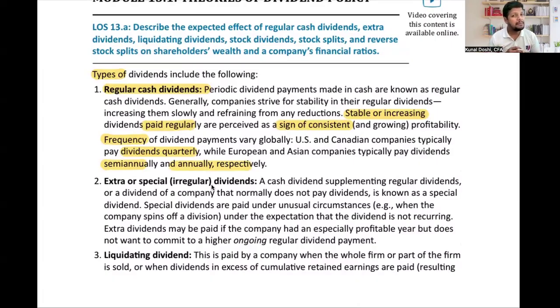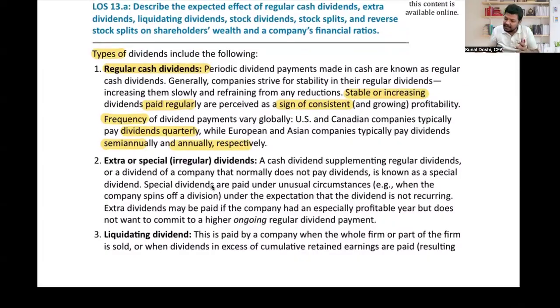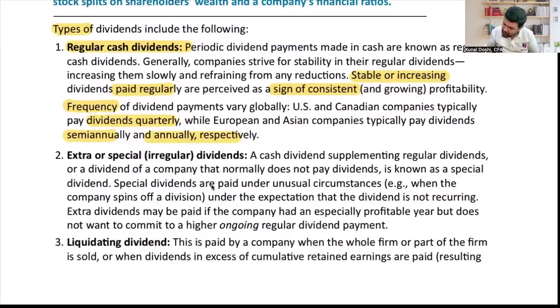But sometimes companies can announce an extra dividend or a special dividend, that's an irregular dividend. This can be done by a company which is already paying dividends or a company which has never paid a dividend. That's called a special dividend. It is paid under unusual circumstances.